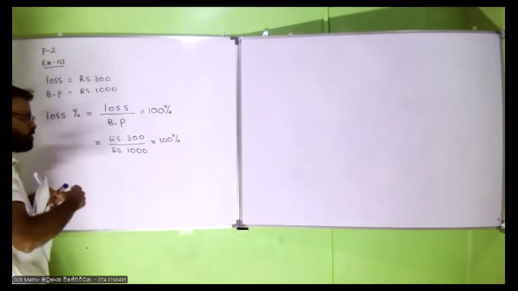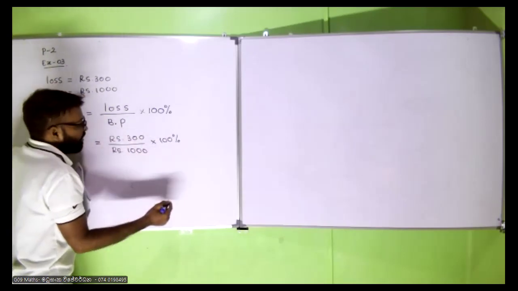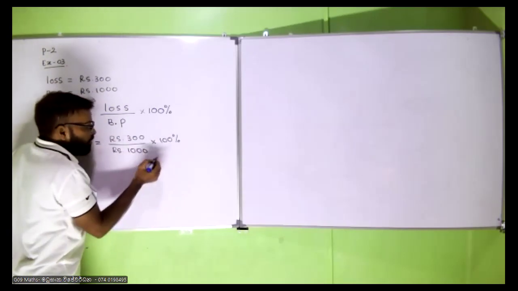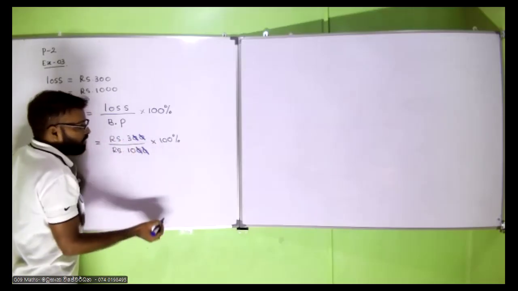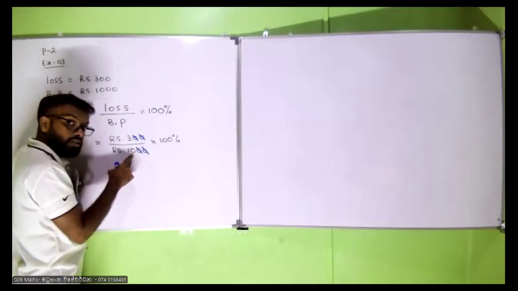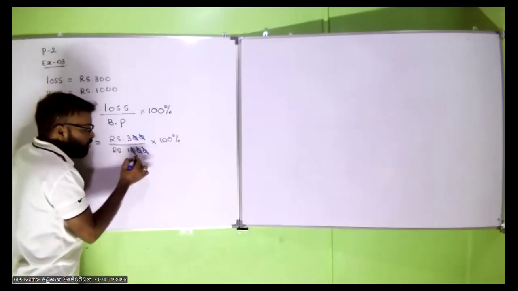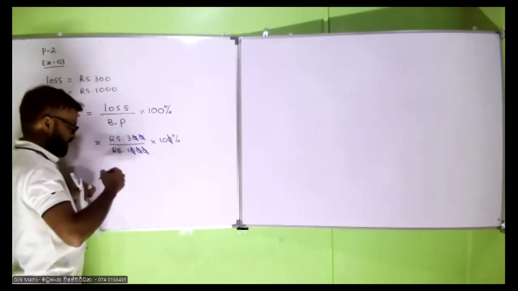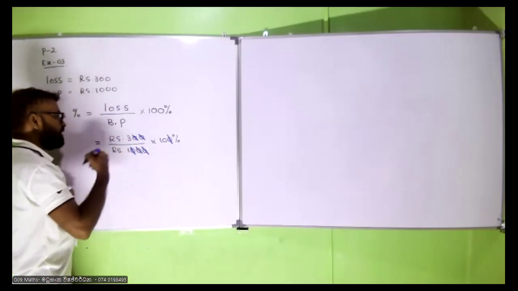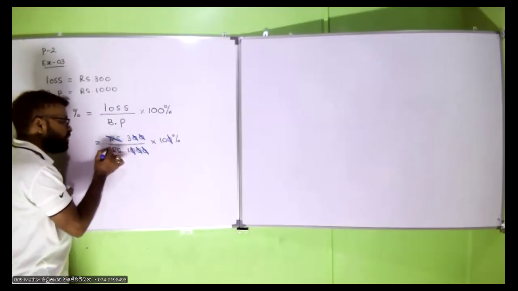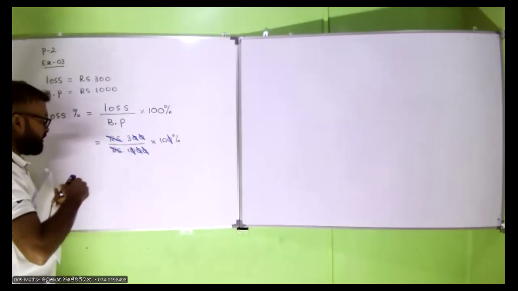Now we simplify. Cancel the zeros in the numerator and denominator. Rupees cancel with rupees.